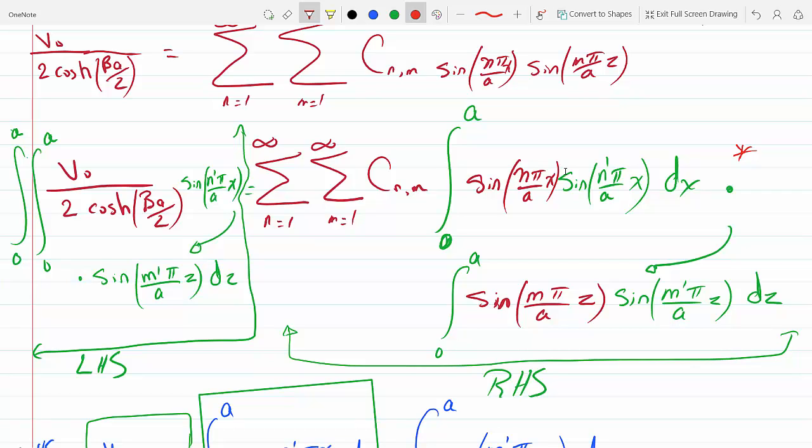This problem is getting already long, so I don't want to make it any longer. It is, I think, 2 over a. Let me just make sure. Let me look at the integral of sine squared, because one mistake here and the entire answer would be wrong.